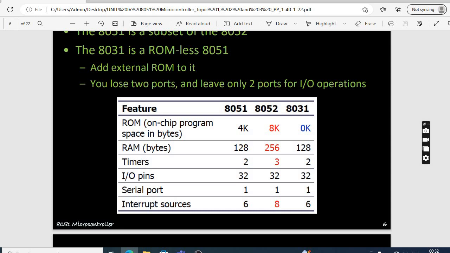The one important commonality we can see is in the size of RAM and ROM. But generally the 8051 with 4K ROM and 128 bytes of RAM is sufficient.